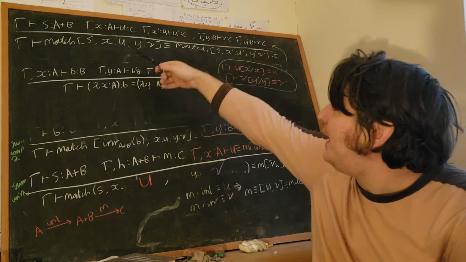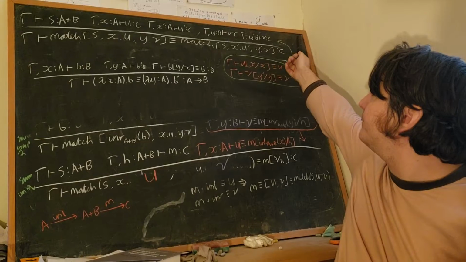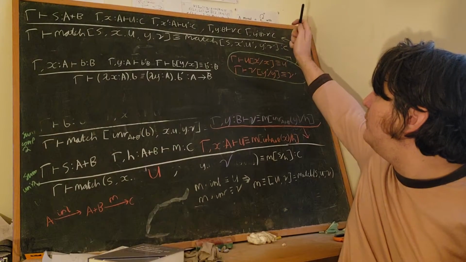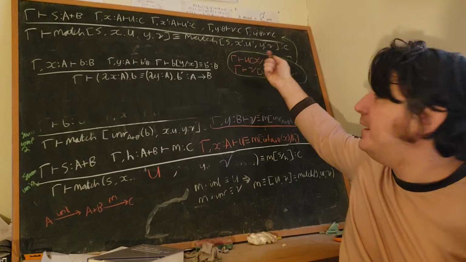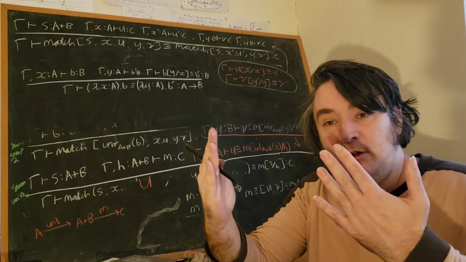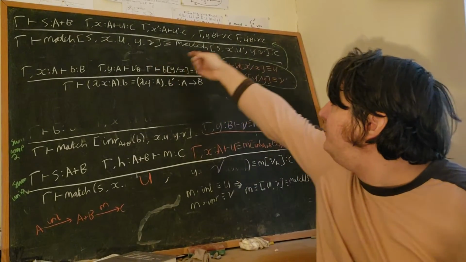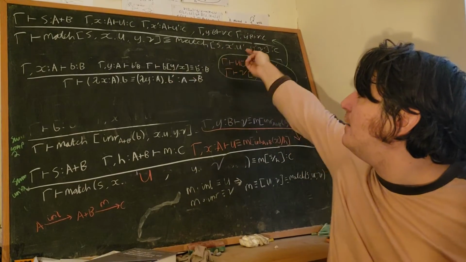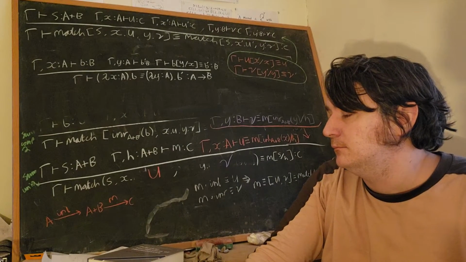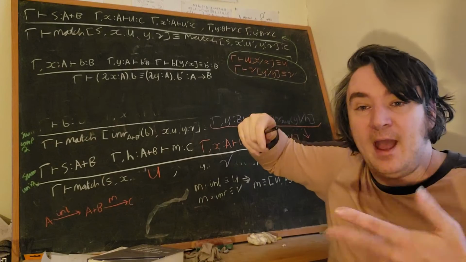But anyway, we can look at a special case of this alpha conversion rule, when X is X dash and Y is Y dash.